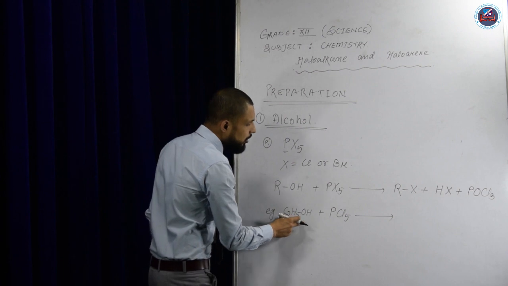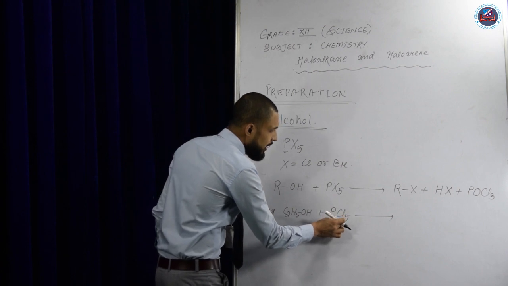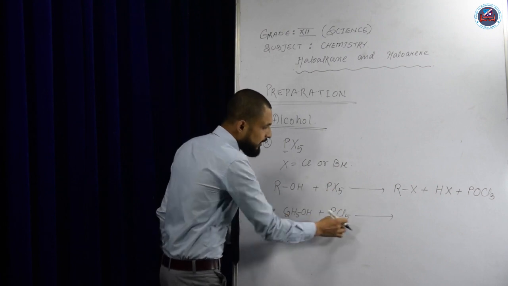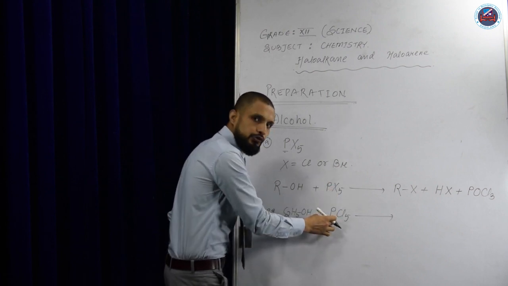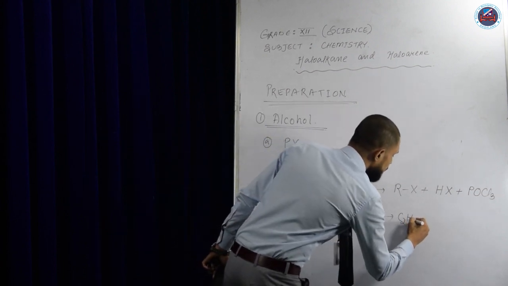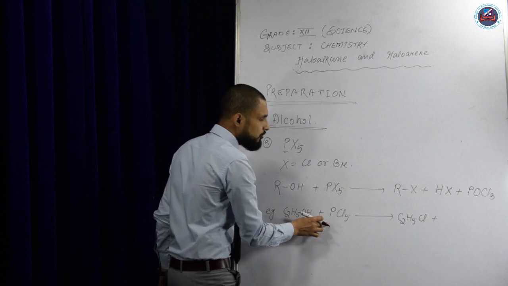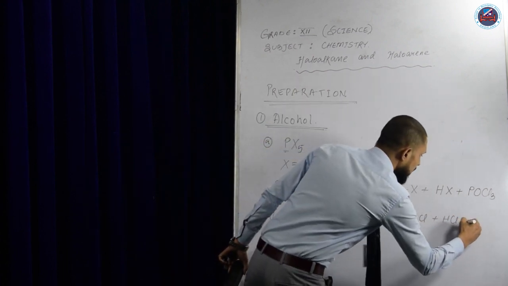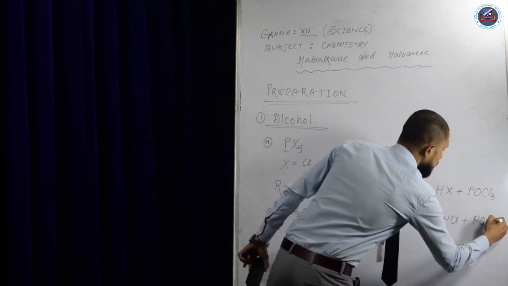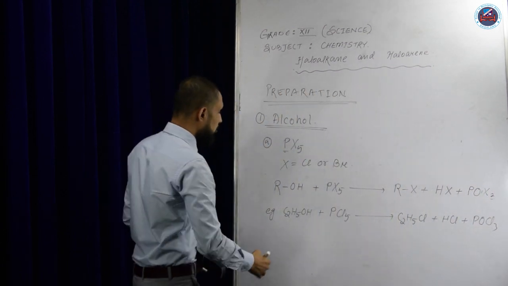When ethanol reacts with phosphorus pentachloride, OH will be replaced by Cl. You can see in this reaction, OH is replaced by X, and in place of X you have Cl. So you will get C2H5Cl plus HCl plus POCl3. Sorry, in general this will be POX3.